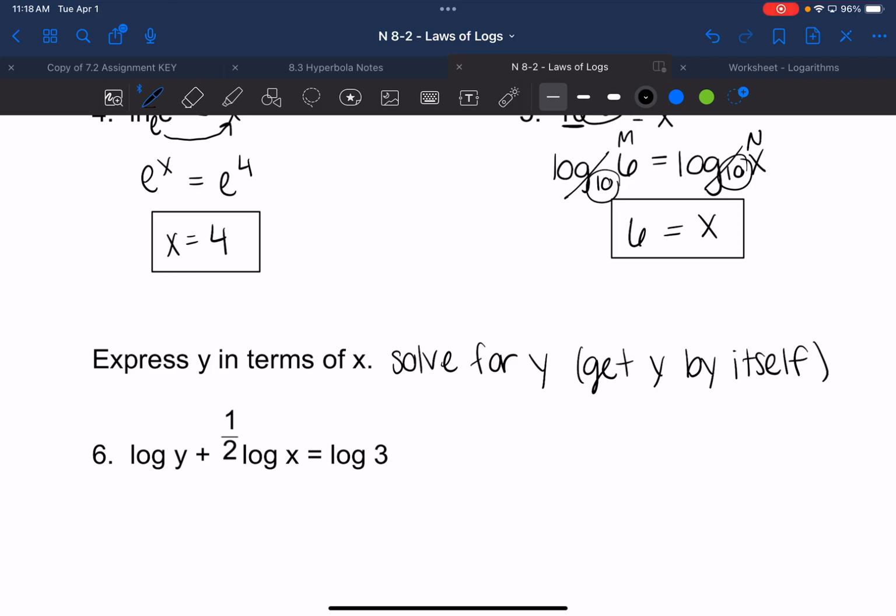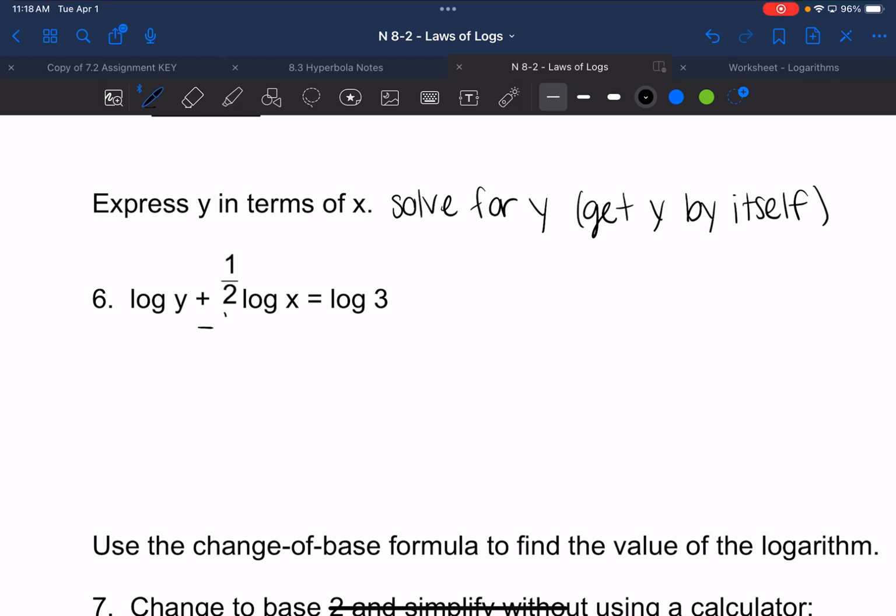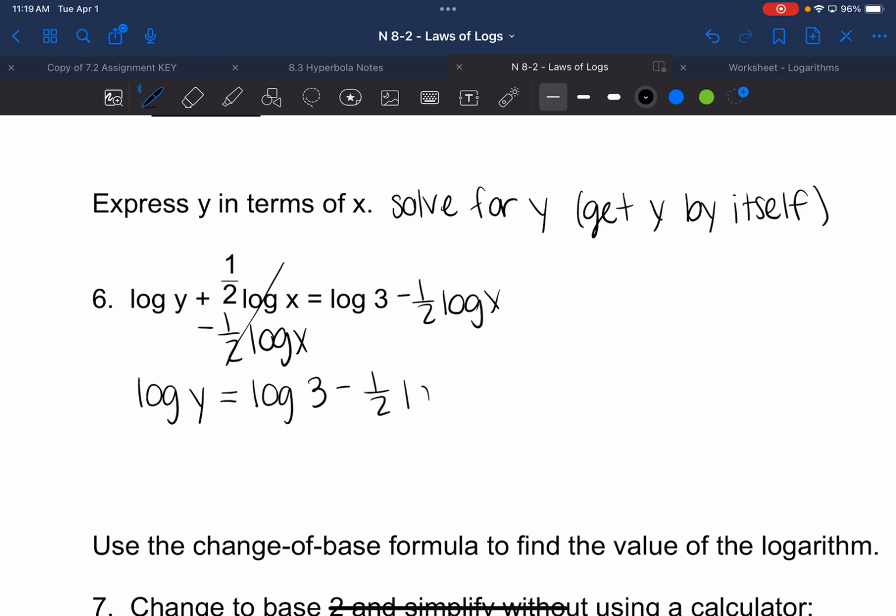Subtract 1/2 log x. Okay, let's do that. So I'm going to subtract 1/2 log x. And we know if we do it to one side, got to do it to the other as well, right? So over here, those cancel out because we subtracted them. And now we've got log y is equal to log of 3 minus 1/2 log of x, right?